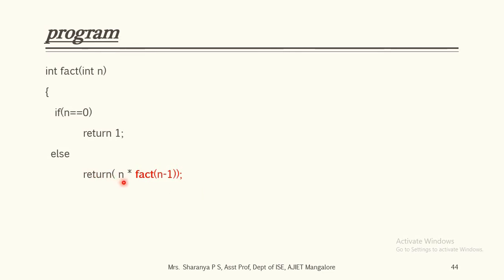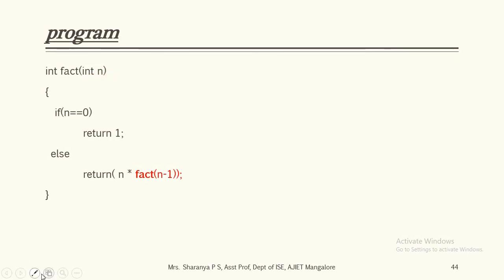That is, we have found that n into factorial of n minus 1 will yield a recursive function, and we can write the recursive statement like this. That is how it will work with whatever value n is given.